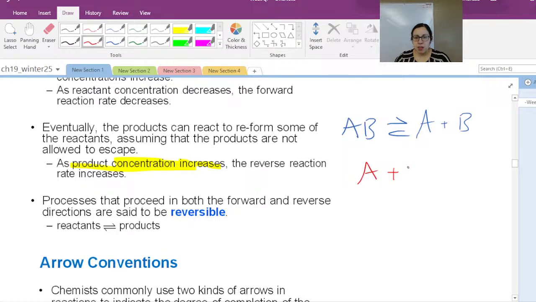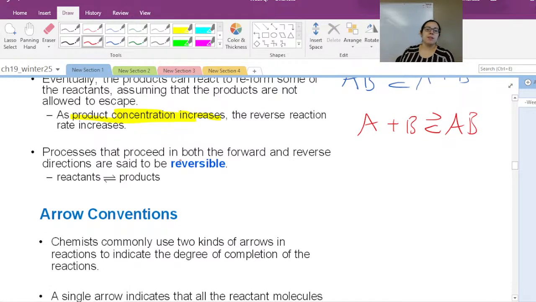So now A plus B recombine to make AB. And so we're going to be studying reactions that are reversible. Obviously, not every chemical reaction is reversible or easily reversible.